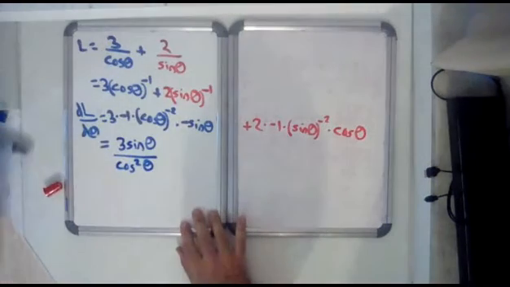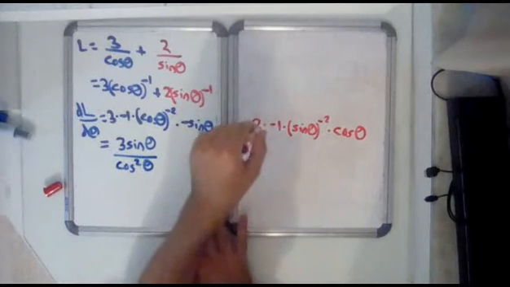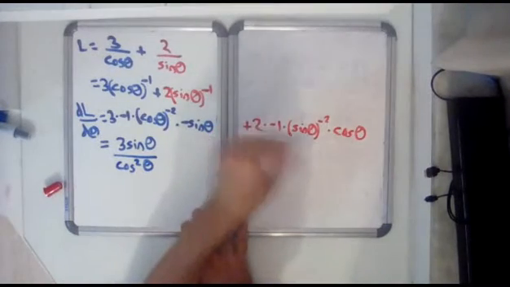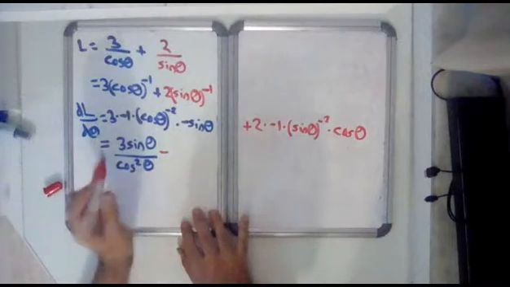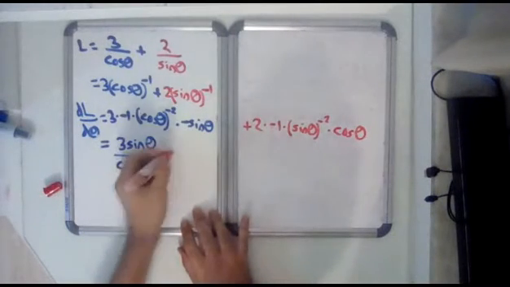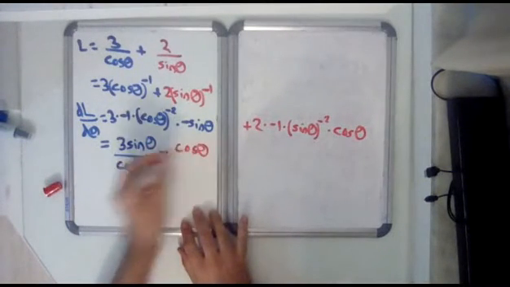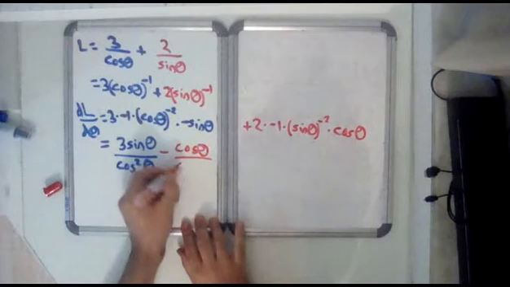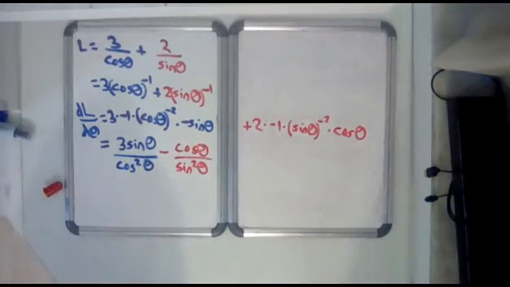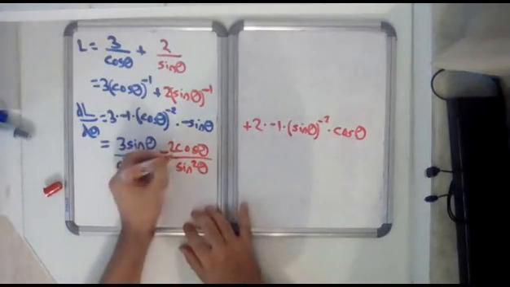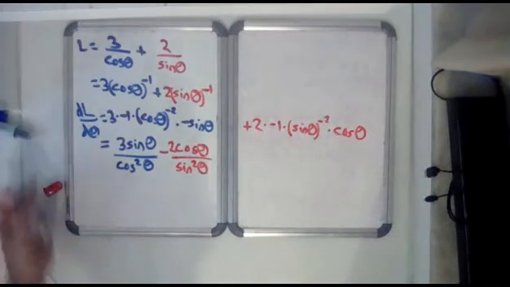This is the blue term. Now this is 2 times minus 1, positive there, so it's going to be minus, and you've got cos theta over sine squared theta. Wait, I lost the 2. 2 cos theta over sine squared theta.